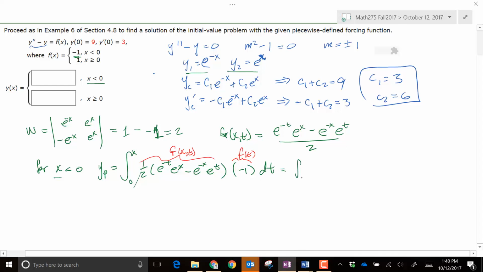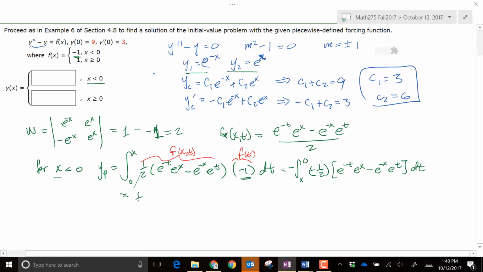So we can write it from x to 0 with a negative in front, and then there's a negative out here too. I'll put the negative and the 1/2 together, and we'll just remember that that's going to become positive later. e to the negative t e to the x minus e to the negative x e to the t dt. So let's integrate that.